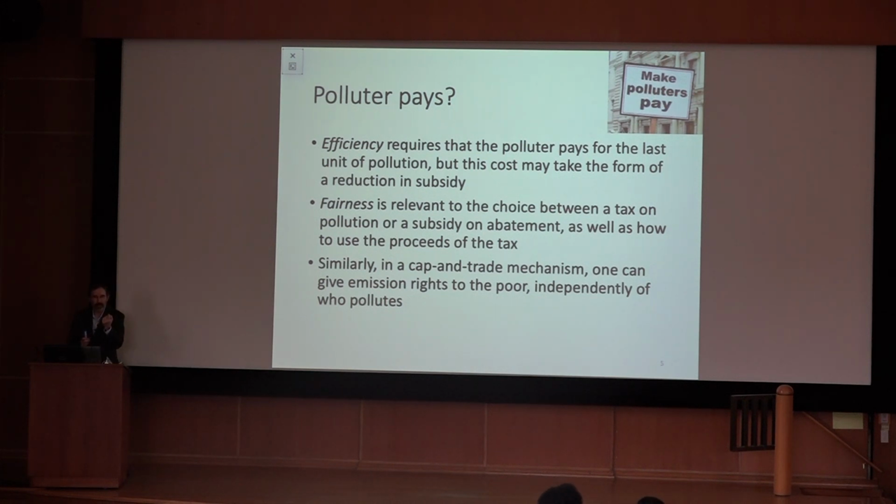Internalizing the externality means that the social cost must be added to the cost at the margin. But as I said, this cost at the margin can be a reduction in a subsidy, right? So in terms of the total money transferred from the government to the person, the polluter might still receive money. He might receive less money if he pollutes more, but he would still receive money.